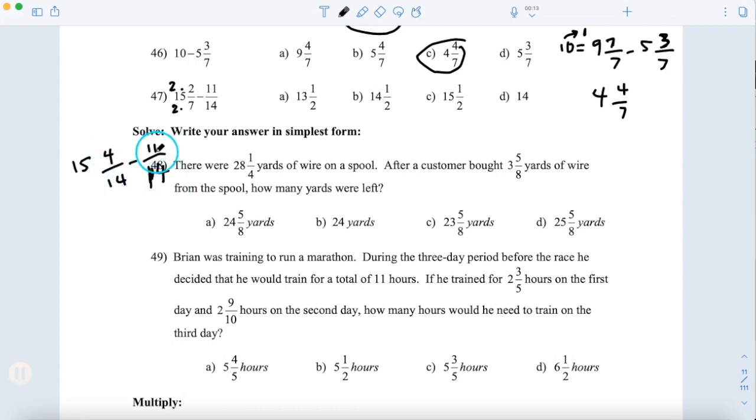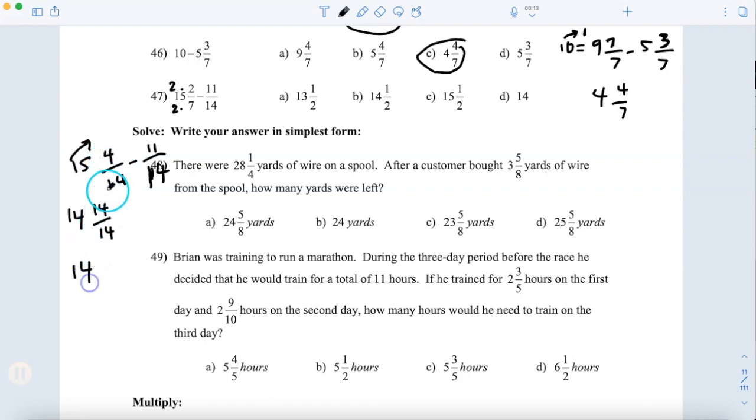And now, can I take 11 out of 4? No, so I need to borrow 1 from the 15. So this is going to turn into 14, and that whole unit, because my denominator is 14, is going to turn into 14 out of 14. So that 15, look at this, 14 over 14 is 1, plus 14 is 15. And now I'm going to add the fractions.